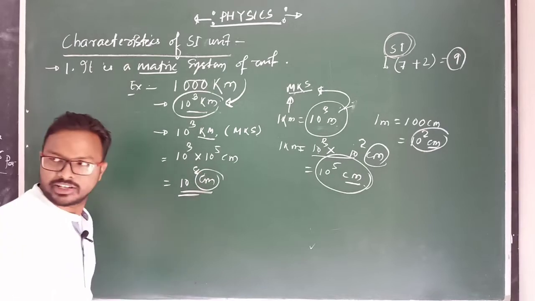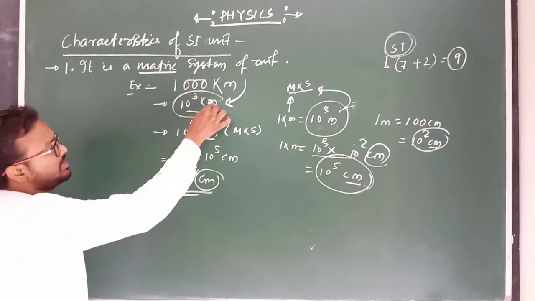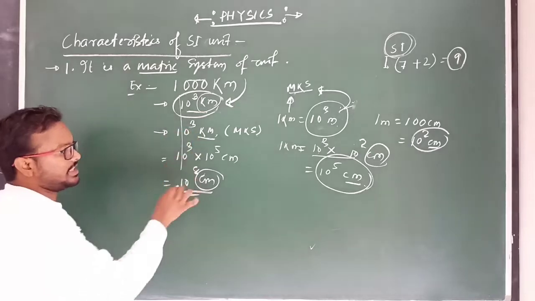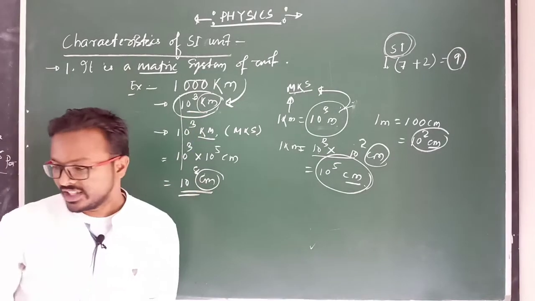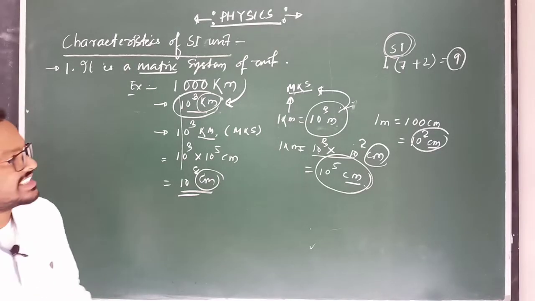This is the CGS system and this is the MK system. So these are the concepts of the metric system of unit. This is an important characteristic of the SI system.